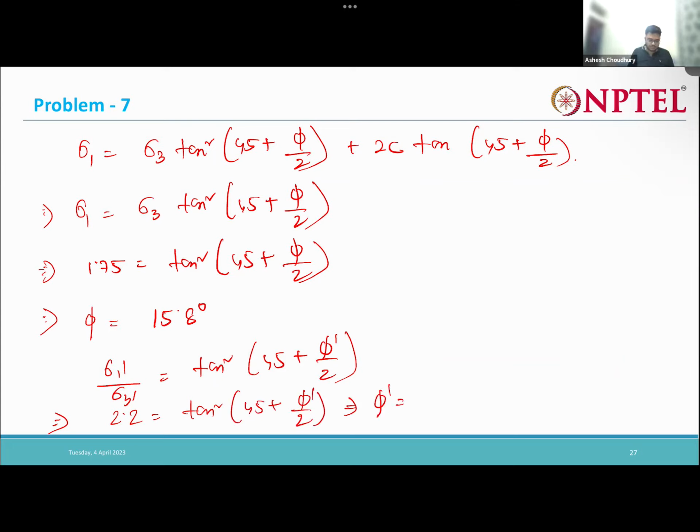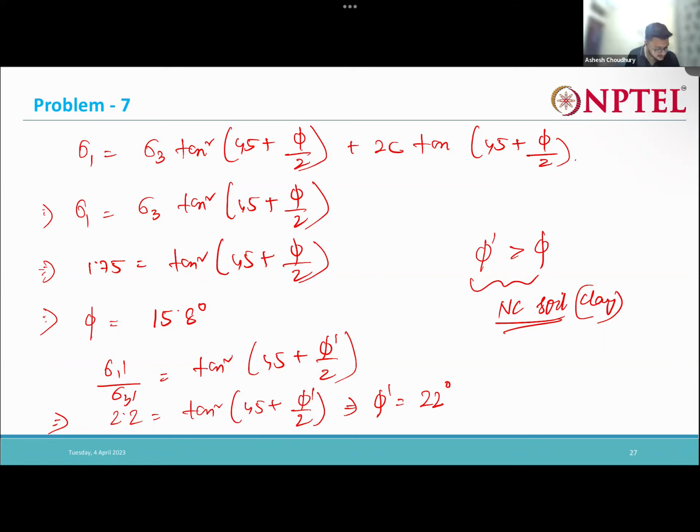Root over 2.2, tan inverse of that, minus 45, then into 2. 22 degrees. So you can clearly see my phi dash is greater than phi in a normally consolidated clay soil.